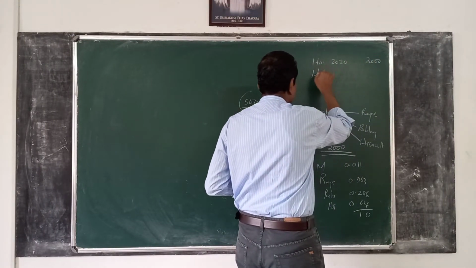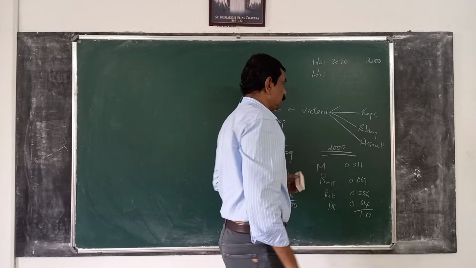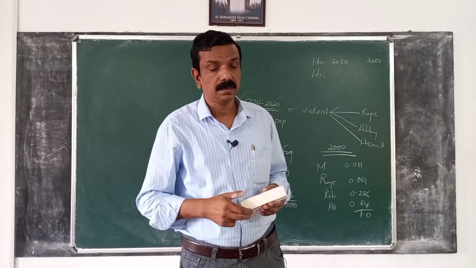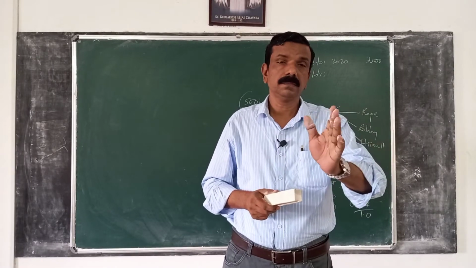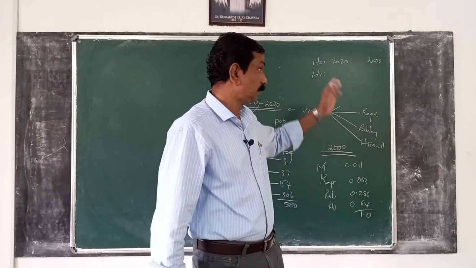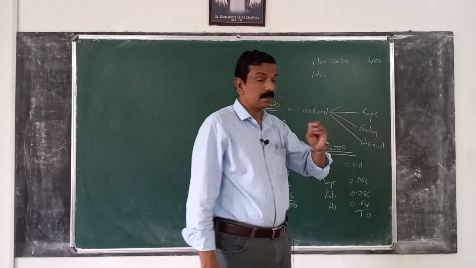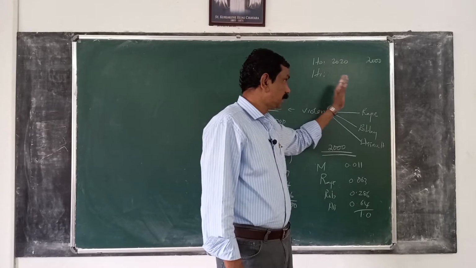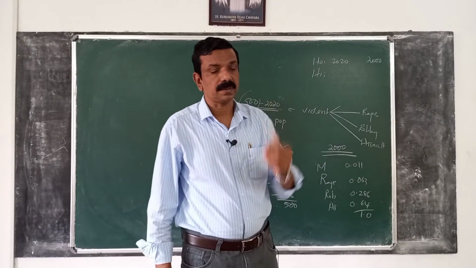And H1: the distribution of violent crime of 2020 is different from 2000. Null hypothesis, the distribution in the year 2020 is the same as 2000. H1, the distribution is different.